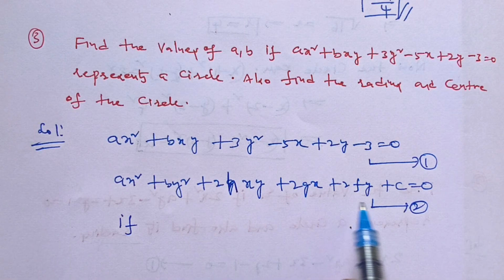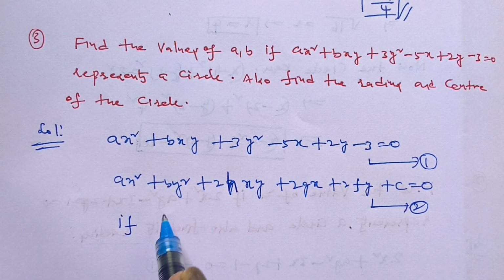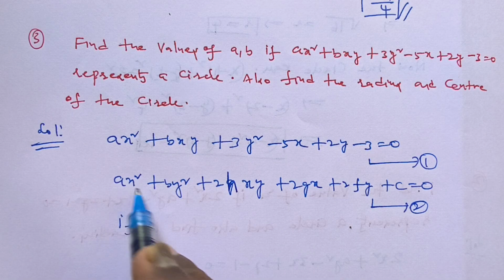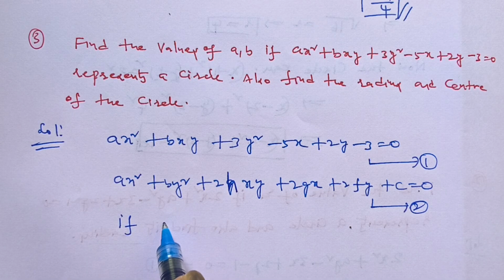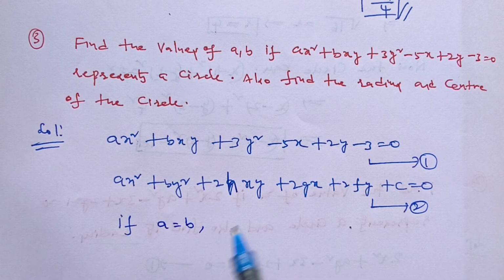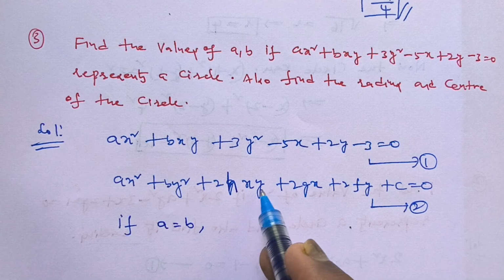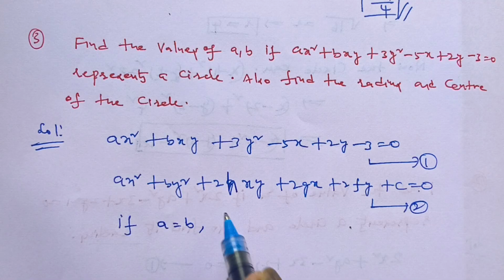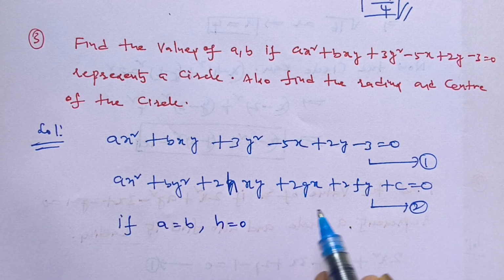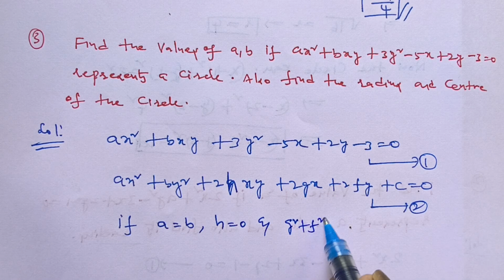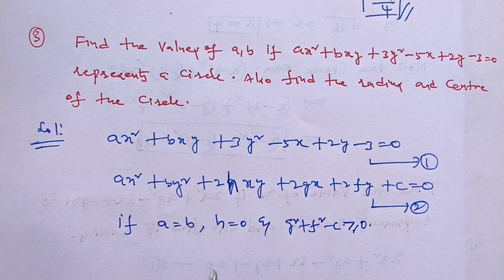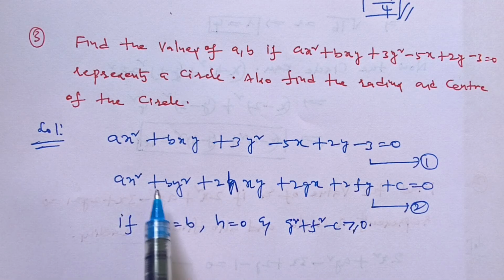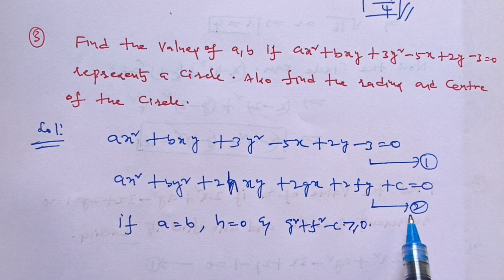The coefficients of x square and y square should be equal, that is a equals to b, and the coefficient of xy should be 0, that is h is equals to 0, and g square plus f square minus c should be greater than or equals to 0. This is the formula.